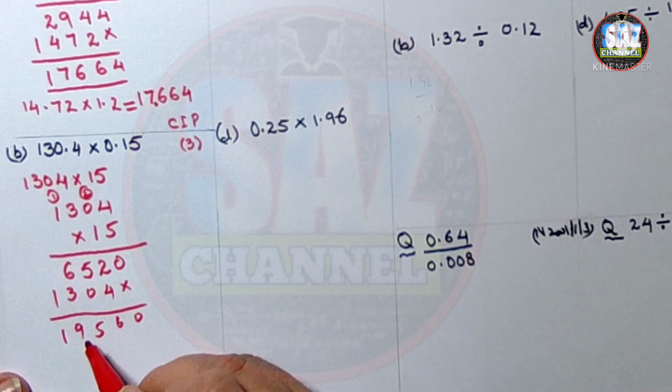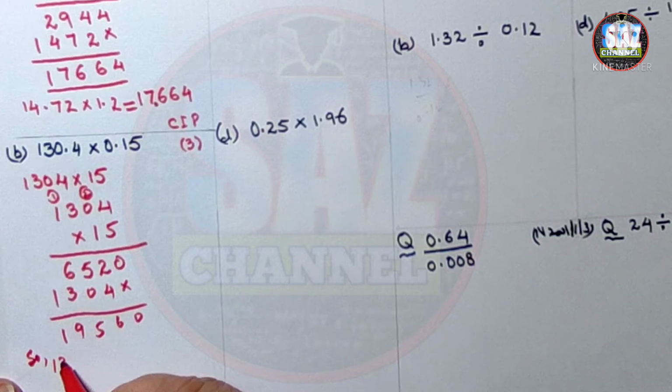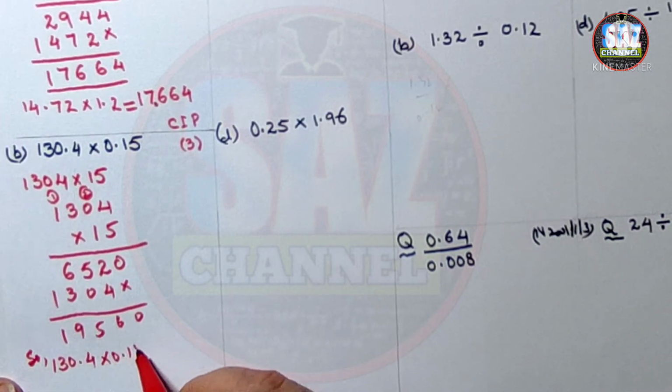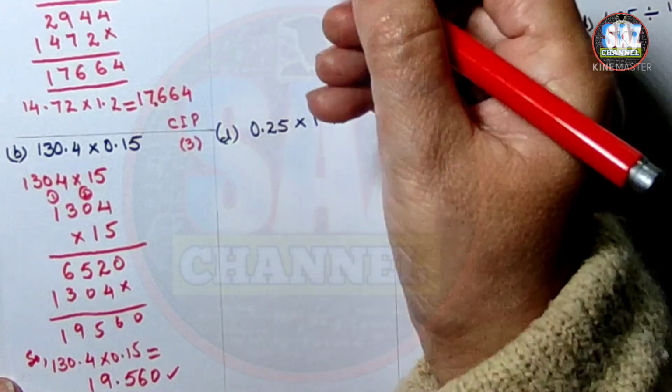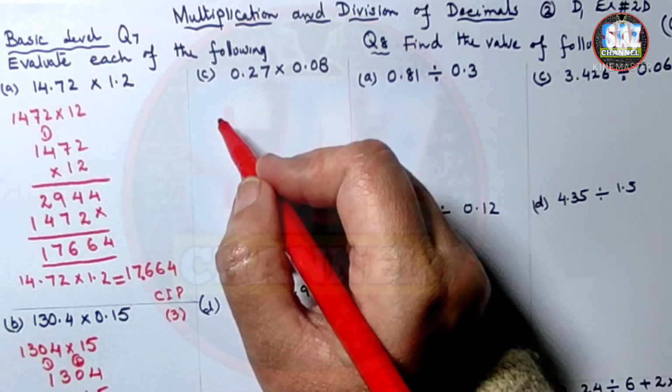So it means, students, that in the product the decimal will be coming after 19. So 130.4 multiplied by 0.15 equals 19.560. I hope now you are really clear about these small questions and you can easily secure 1 mark for these questions. Moving to the next question.